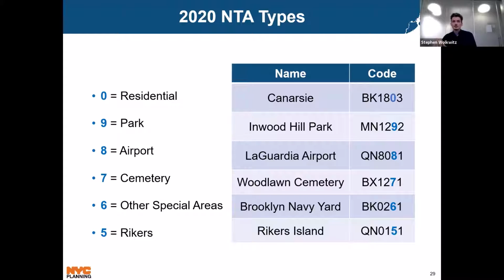You see cemeteries 7. 6 is other special areas, which includes the Brooklyn Navy Yard, Sunnyside Yards, and a few of the forts like Fort Hamilton and Fort Wadsworth. Special areas like that are walled off special districts that have low or in many cases 0 population, so those are separated out. And then Rikers Island has a code of 5 in the 5th digit there.